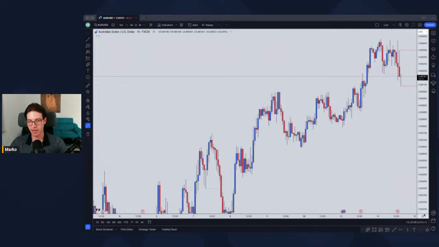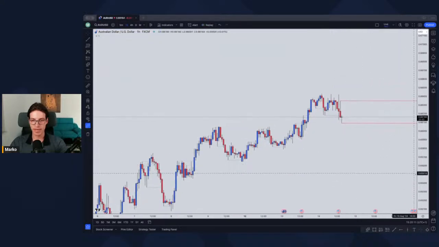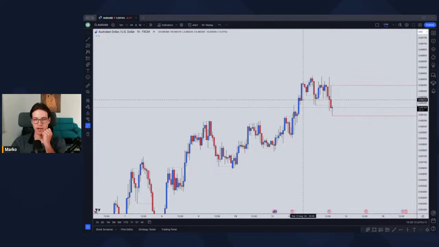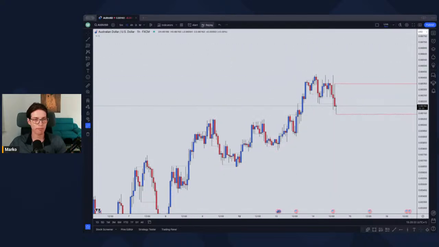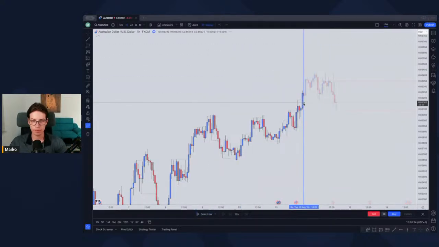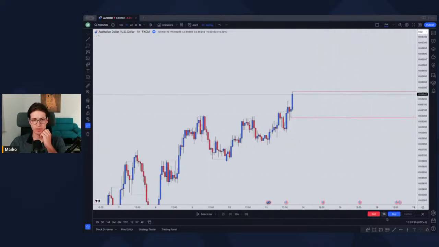You have a funny name. Basically, Aussie US dollar, nothing much here. I'm not seeing much. Here, price was kind of ascending. Okay.